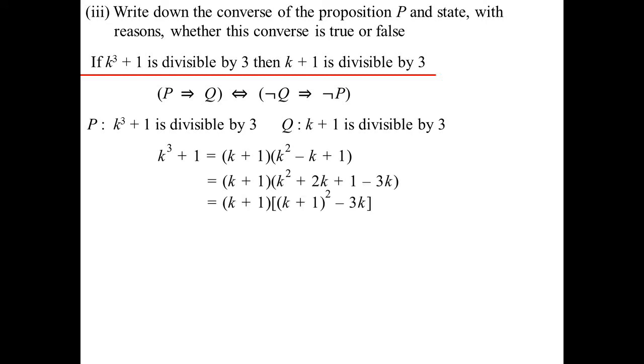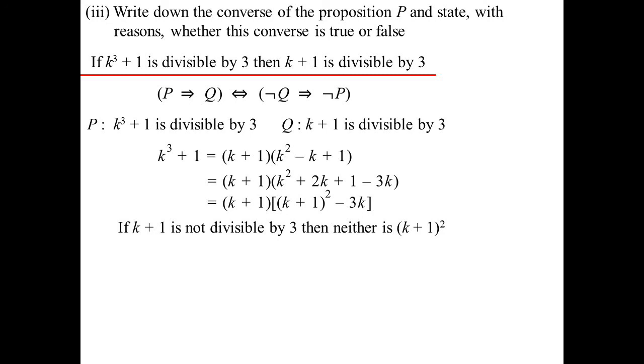So what we've ended up with is something that's not divisible by 3. Because remember, I'm going for the contraposition. I'm saying k plus 1 is not divisible by 3. So therefore, this factor of k plus 1, I can't pull out a factor of 3. Look at the second factor. Can I pull out a factor of 3? Well, again, I can't, because whilst it is a factor of 3k, it's not a factor of k plus 1 squared, because 3, we said, was not a factor of k plus 1.